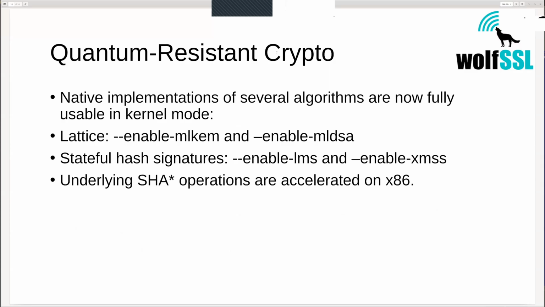And I mentioned quantum resistant before. There's more quantum resistant cryptography to come, including registration of ML-KEM and ML-DSA with the kernel internal API backplane. That's another roadmap item. You can already use these quantum resistant algorithms, ML-KEM, ML-DSA, LMS, and XMSS.